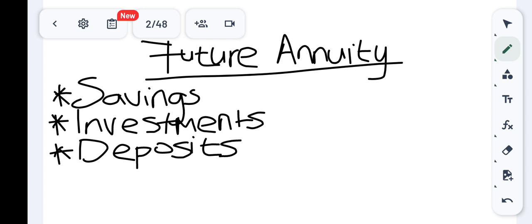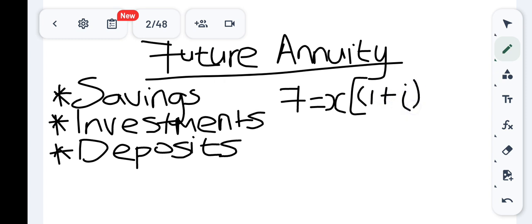And then how do we deal with calculations involving future annuity? You use the formula which says F equals X into 1 plus i all to exponent n minus 1, then you close that bracket, and then all over i.